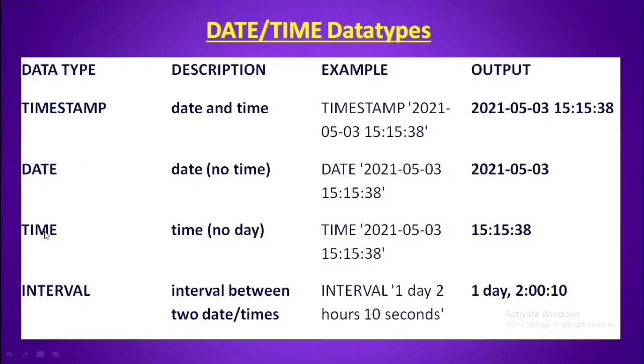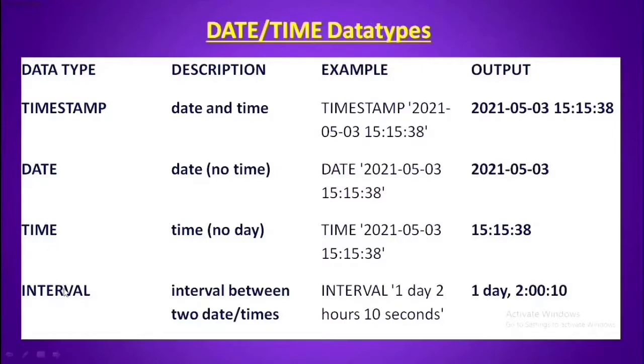Next, time. No date. Only time is displayed because the data type is time. In this example, there are two data types declared. One is date data type, another one is time data type. But output is displayed in time data type because we have taken the time data type.